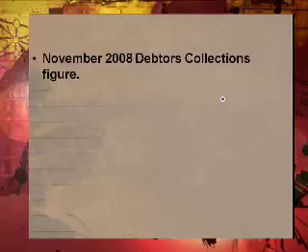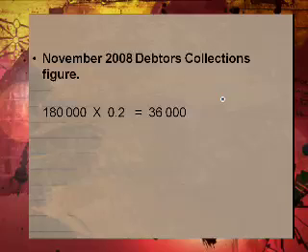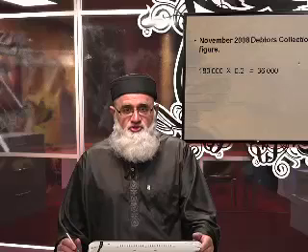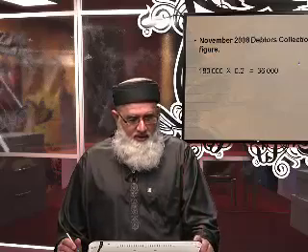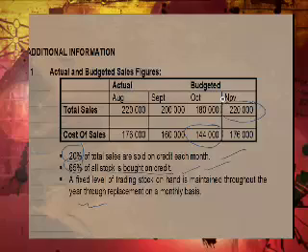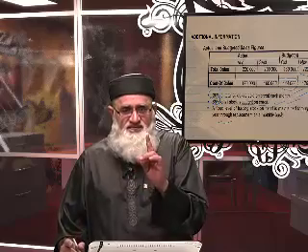Now they want you to calculate the November 2008 debtors collection figure. Okay, now obviously, the first thing that you're going to have to do is to tell yourself, remember, again, let's go to the provisos. We know that 20% of total sales are on credit, and whenever you are working with a debtors collection schedule, remember the secret.